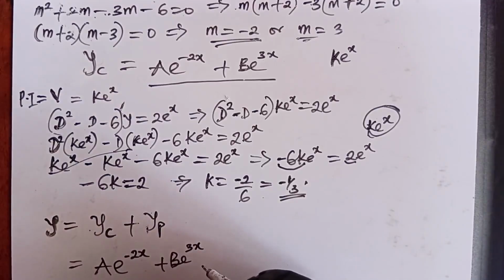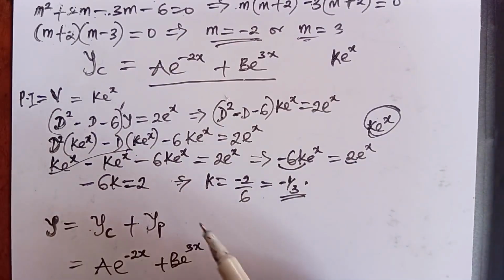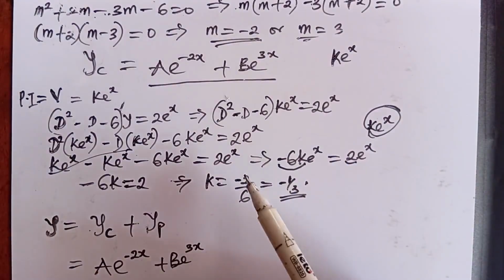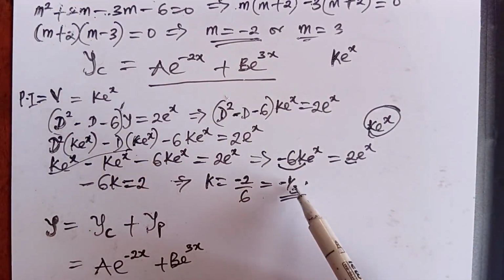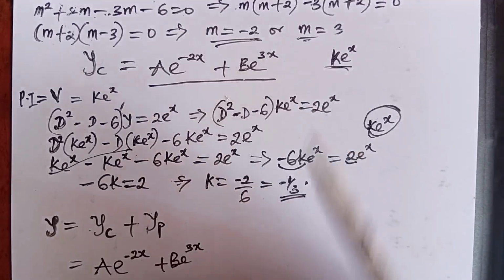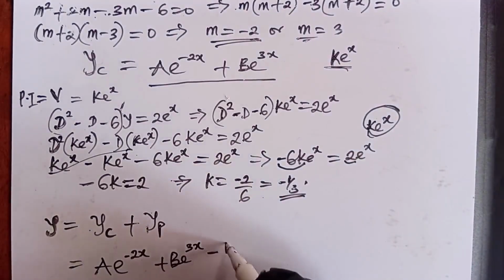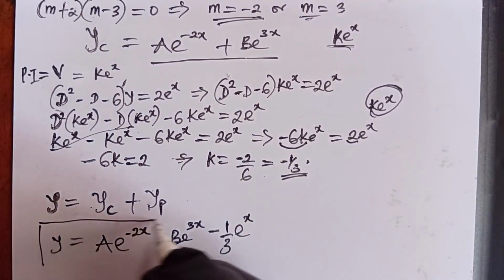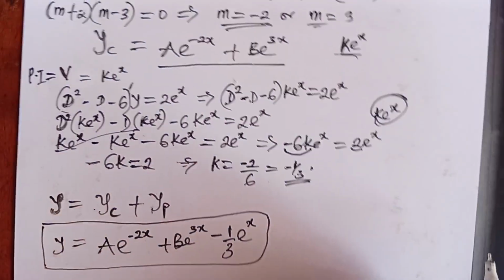And the particular integral is k e to the x, but we've gotten k as minus 1 over 3. So the particular integral will now be minus 1 over 3 e to the x. And this is the general solution to the differential equation that we have as the question.